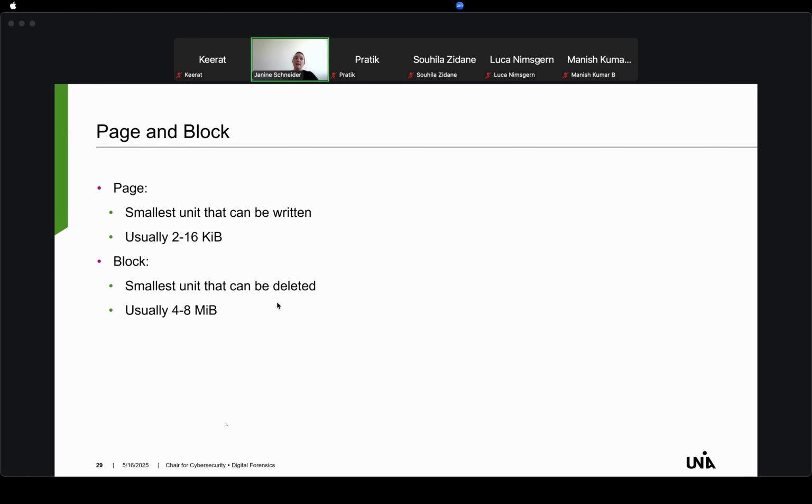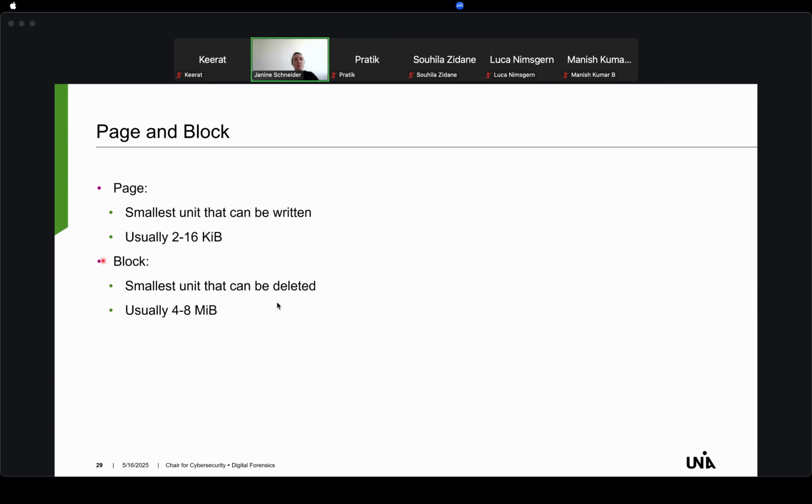So in SSDs, you have two very important terms or units. There is the page, the smallest unit that can be written. It's usually 2 to 16 kilobytes big.